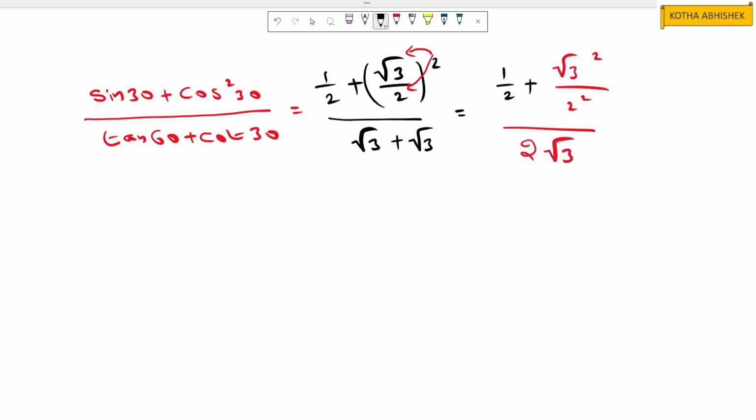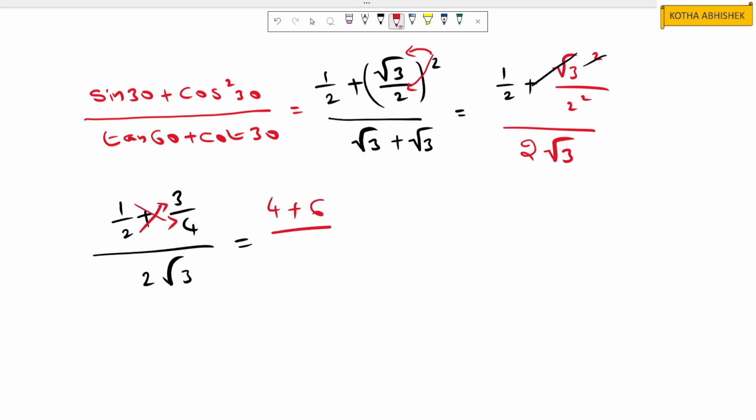Now writing the numerator, 1 by 2 plus, square root square cancel, so we remain with 3 divided by 2 square is 4, whole divided by 2 root 3, which is equal to, I am doing cross multiplication of the numerator, so 1 times 4 is 4 plus 2 times 3 is 6 divided by 2 times 4 is 8, whole divided by 2 root 3, which is equal to 4 plus 6 is 10 divided by 8 divided by 2 root 3.